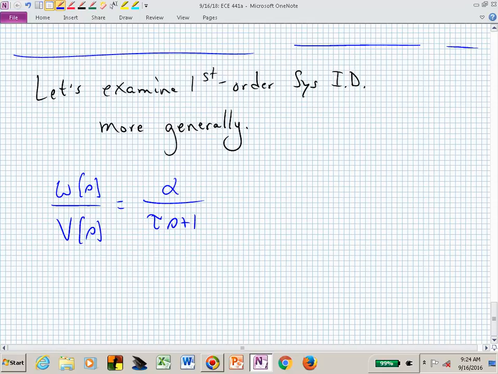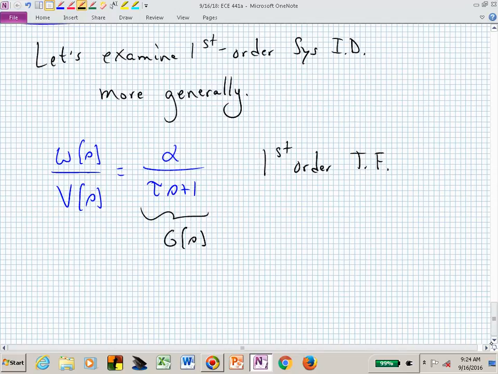And I can now model that as alpha over tau s plus 1. This is now our G of s, which is a first order transfer function.